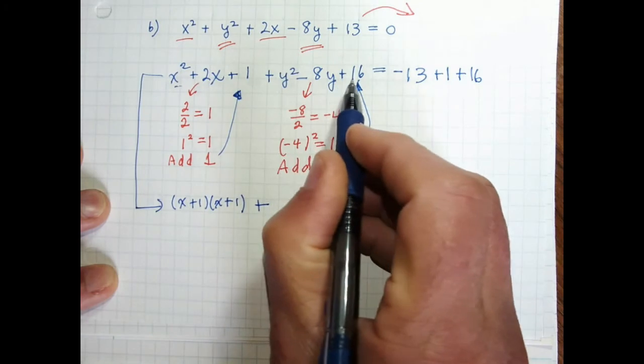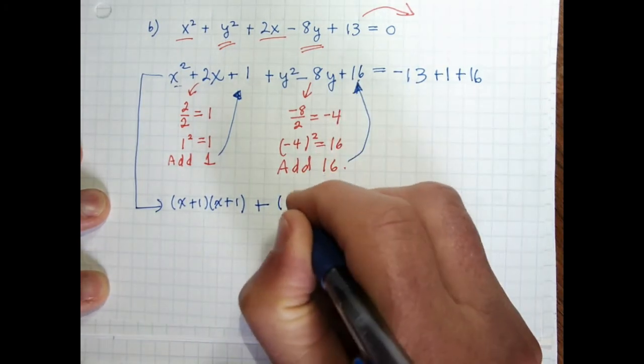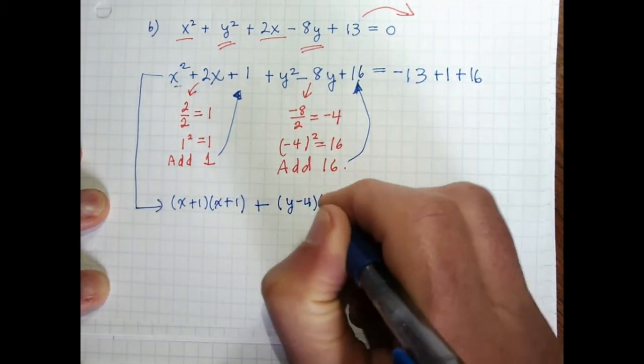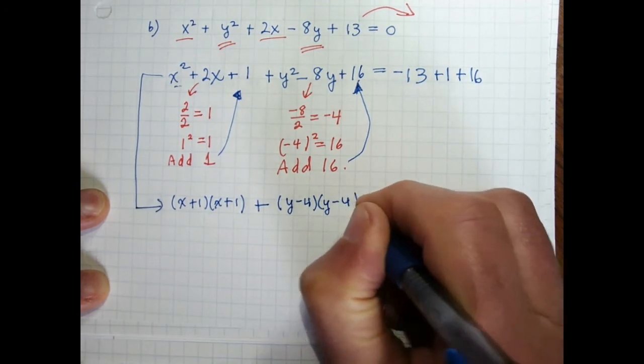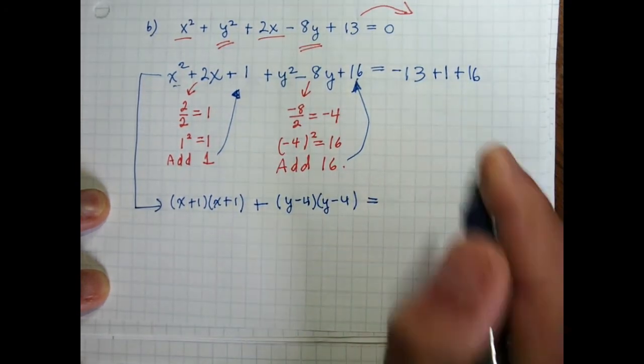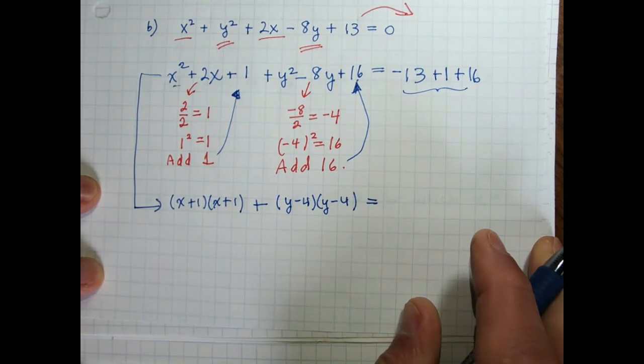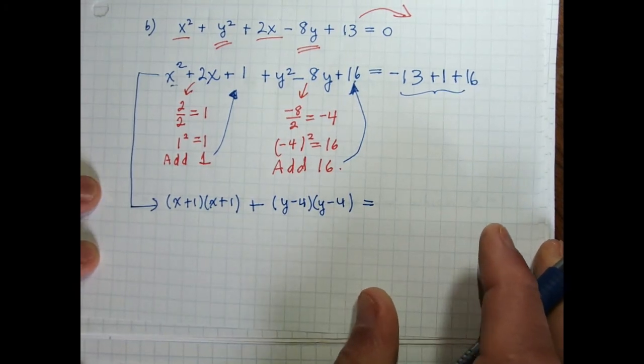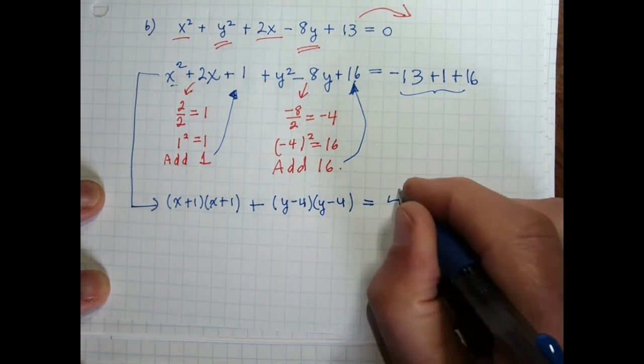The y squared minus 8y plus 16 will factor into y minus 4, y minus 4. The right-hand side, when I add up all those terms, is going to be negative 13 plus 17, I think is 4.